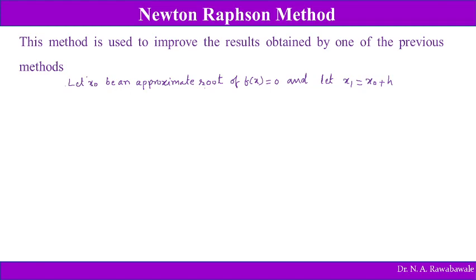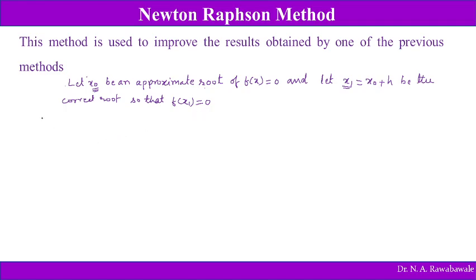That means x naught is an approximate root, not a correct root, and f of x is not exactly 0 there. And let this revised root or new approximation x1, which is equal to x naught plus h, be the correct root, so that the function f of x1 leads to 0.